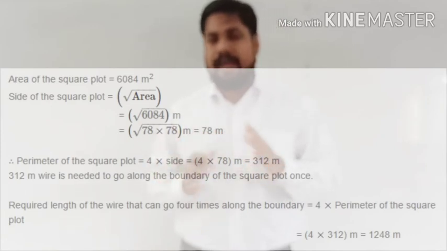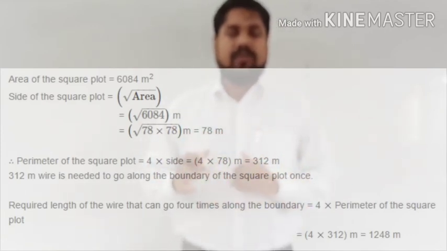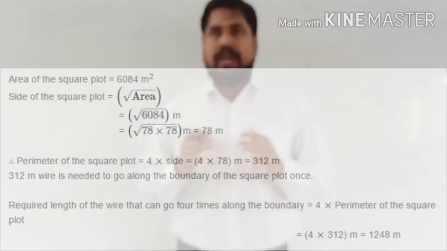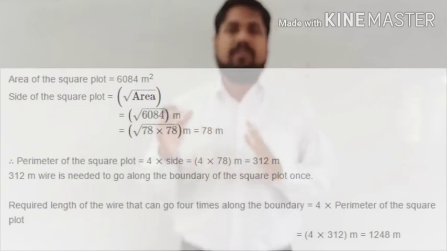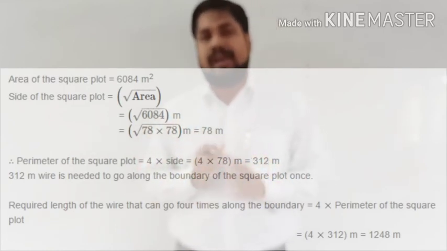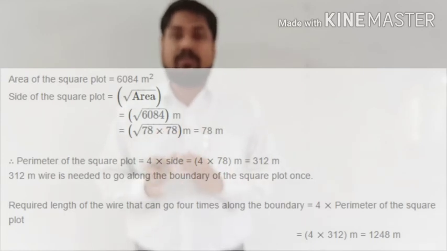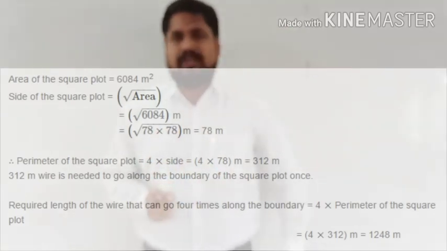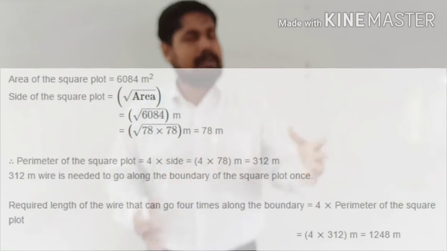Okay, if you multiply 4 times 312, you will get 1248. So 1248 meter length of wire will be required to round this 4 times. Very simple question.